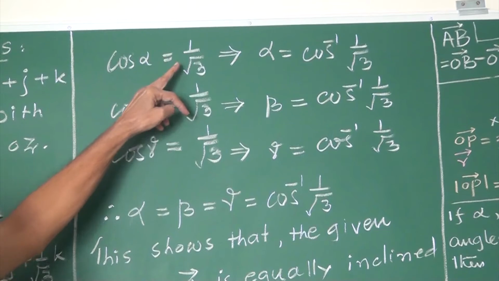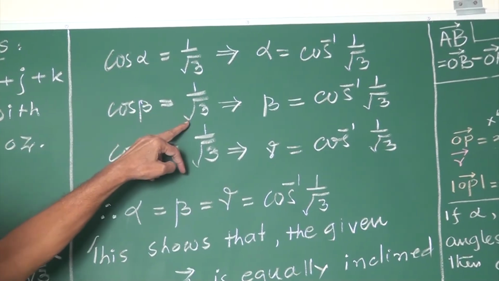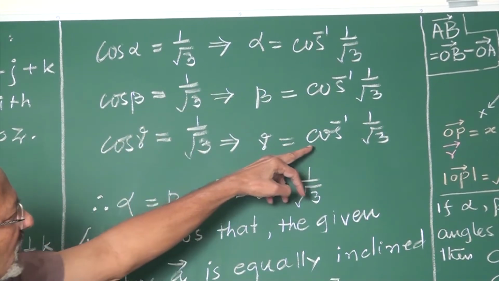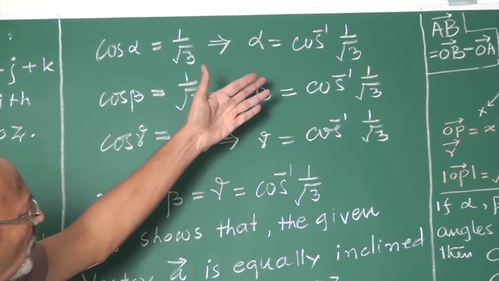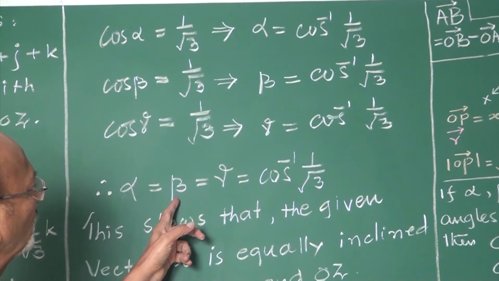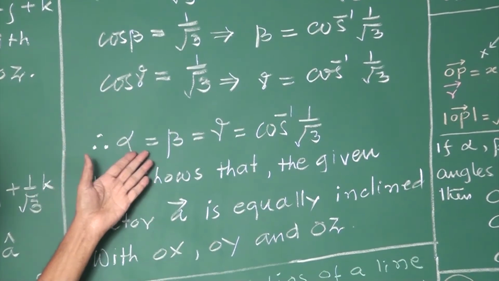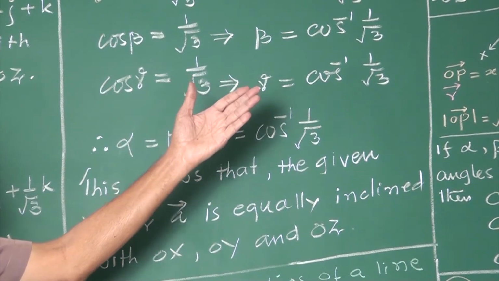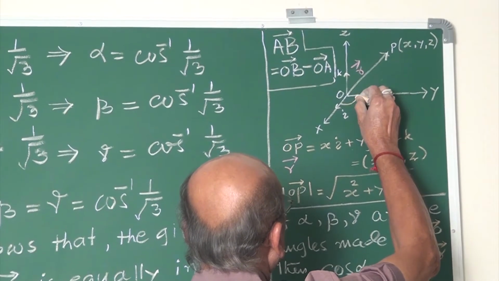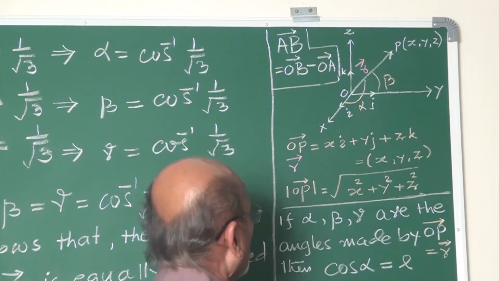From this, taking cos to the other side, alpha is cos inverse 1 by root 3, beta is cos inverse 1 by root 3, gamma is cos inverse 1 by root 3. They are equal, so alpha equal to beta equal to gamma. This shows the inclination of the vector: this is OP, this is alpha, this is beta, this is gamma.